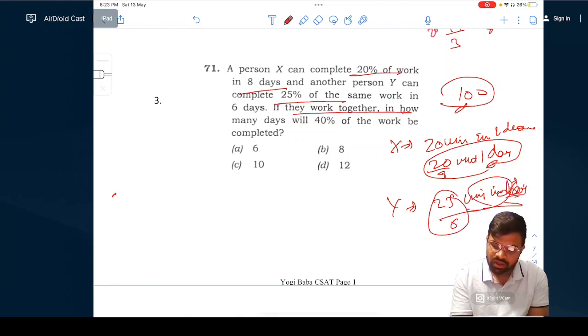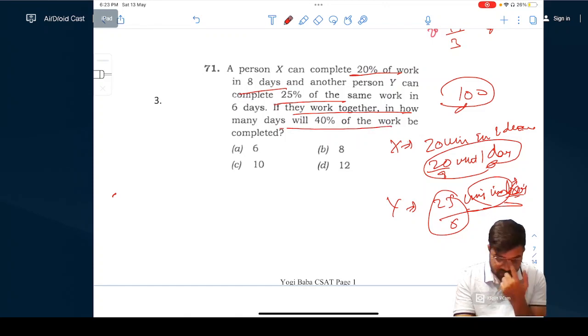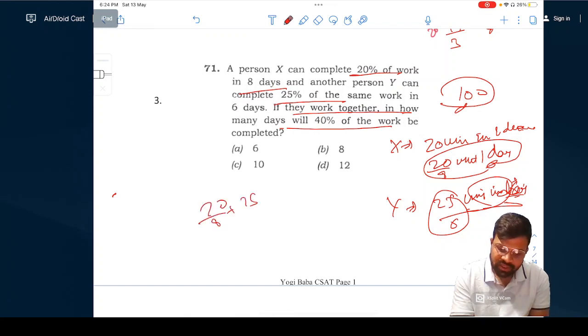So in how many days will 40% of the work be completed? When you add them, they are doing 20 by 8 plus 25 by 6 units per day. 8 and 6 give 24 as the LCM.